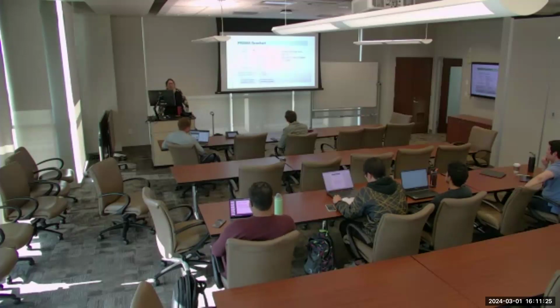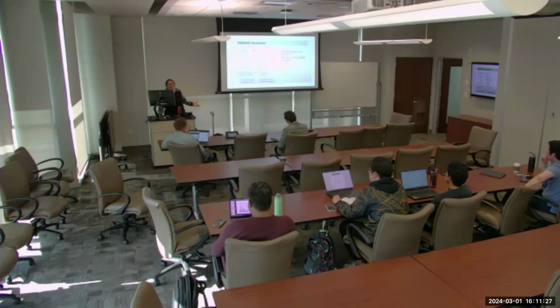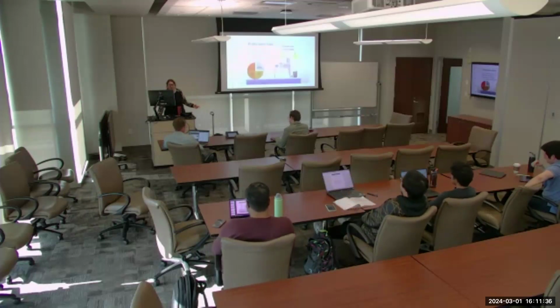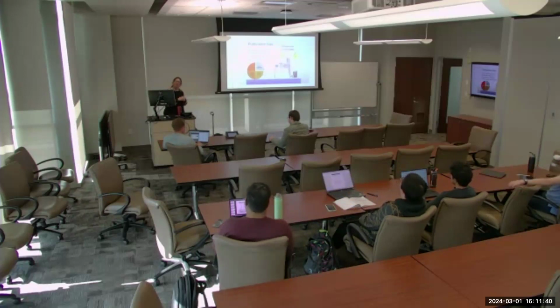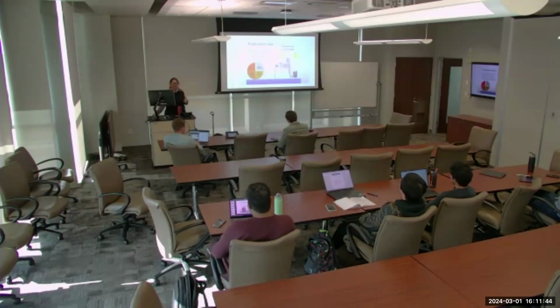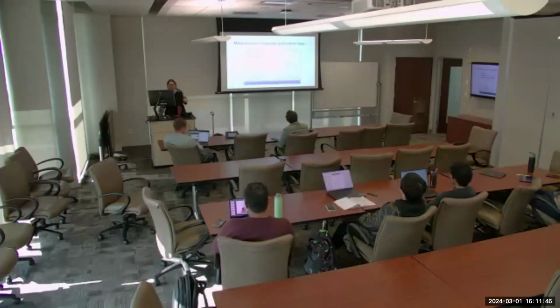Okay. So this is an example of a PRISMA flowchart. Publication bias is when results of published studies are systematically different from unpublished studies. And this is a meta-analysis.